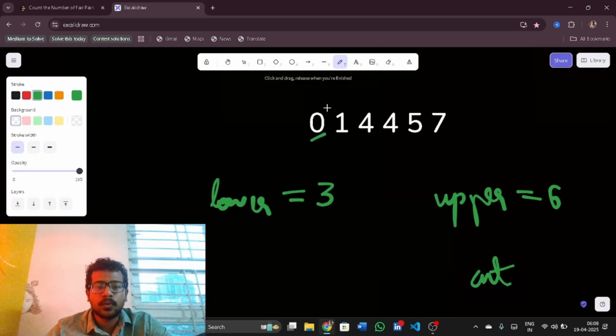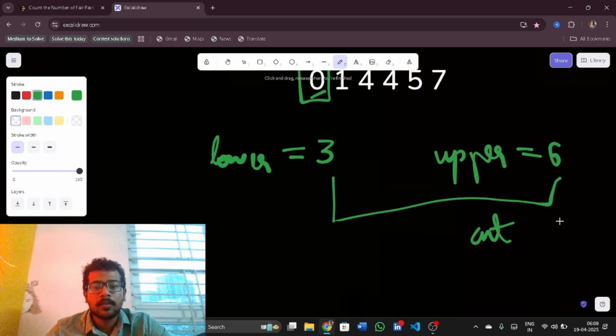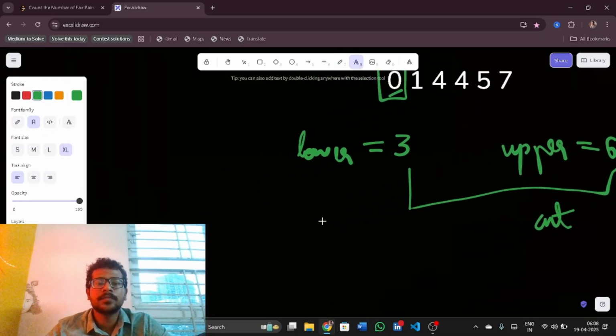Now I have 0. What is the minimum number I can add and also the maximum number that I can add to 0 so that I will get the sum in the range of lower and upper? I'll write it here.